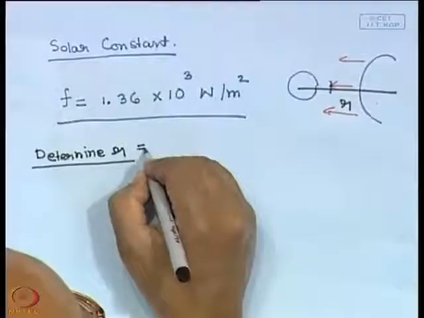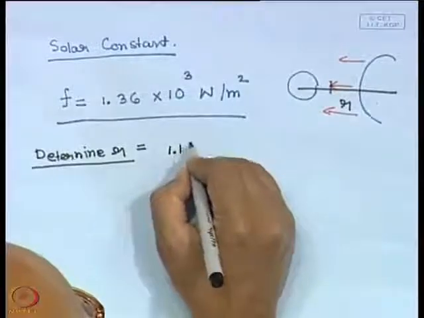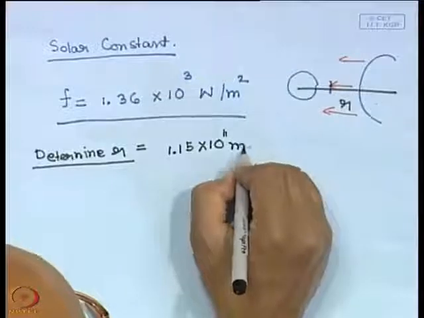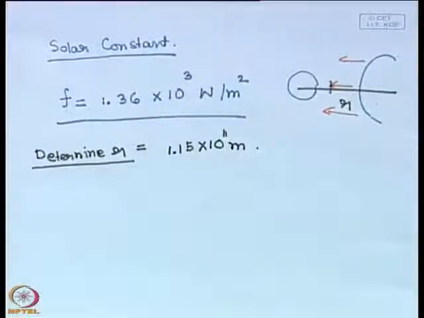It is well known now that this has a value 1.15 × 10^11 meters. We have discussed this. This is what is called the astronomical unit.